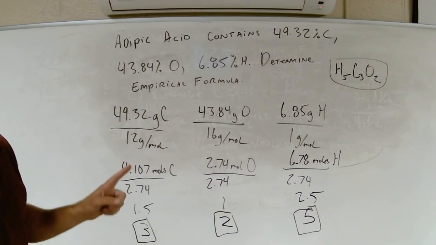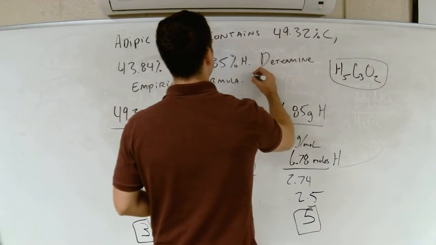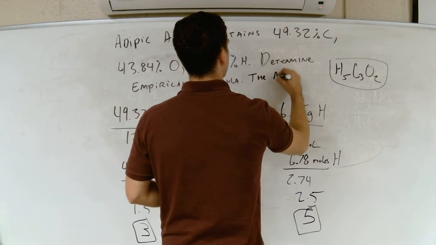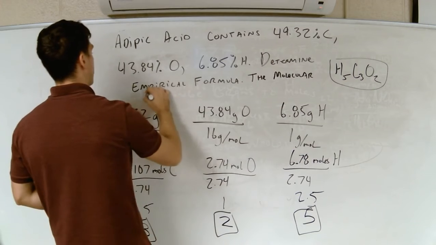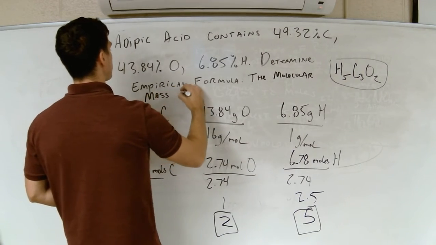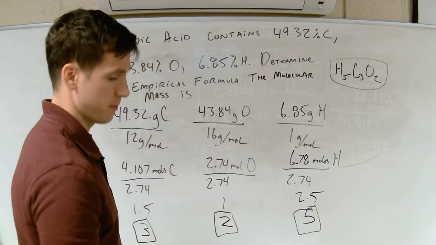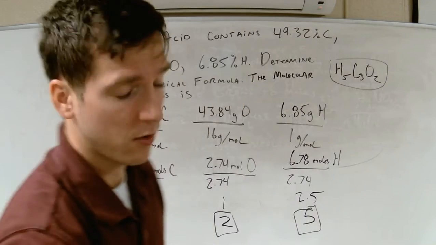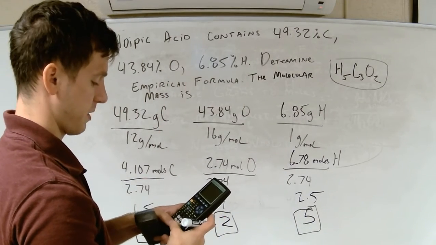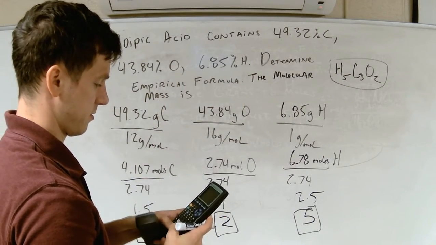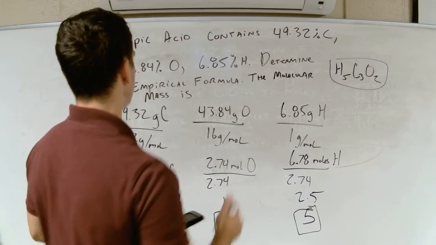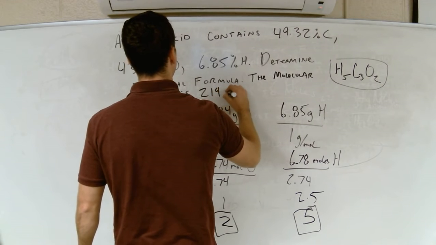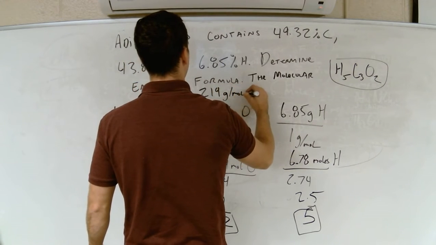What if I added to this question that the molecular mass, sorry, is, let me do some math in my head real quick because I'm coming up with this on the fly, 219 grams per mole.